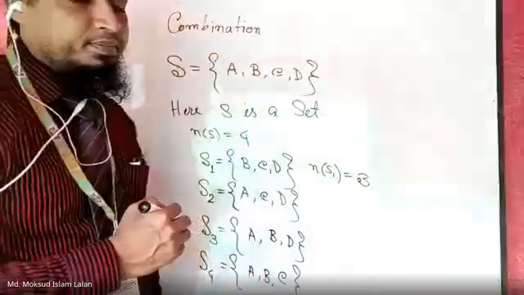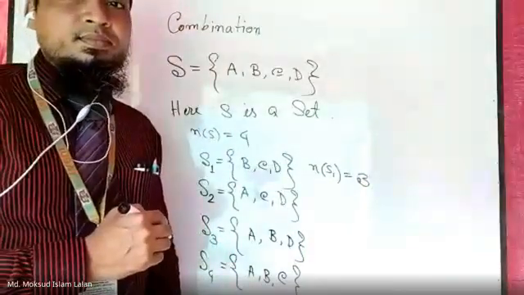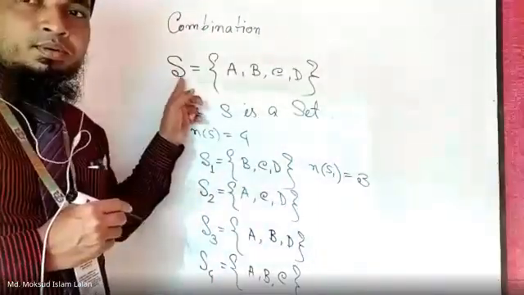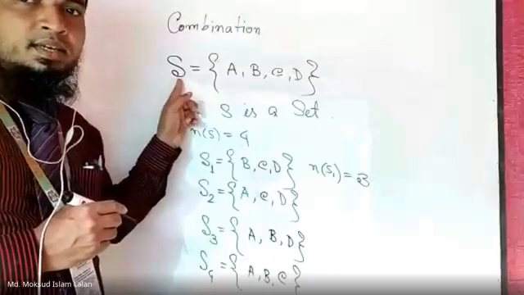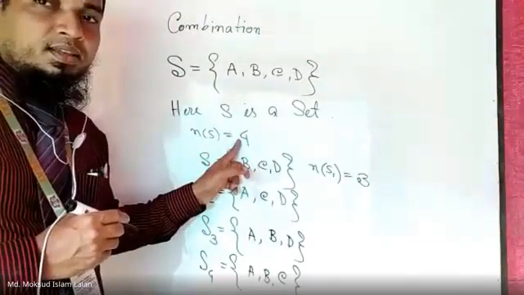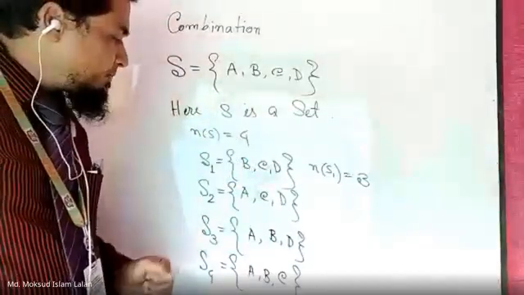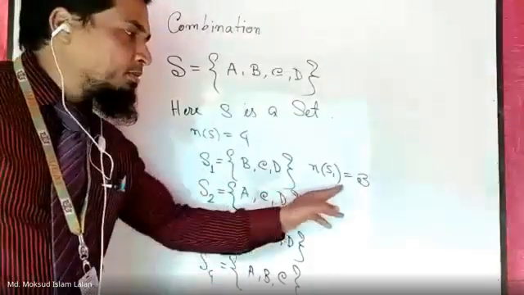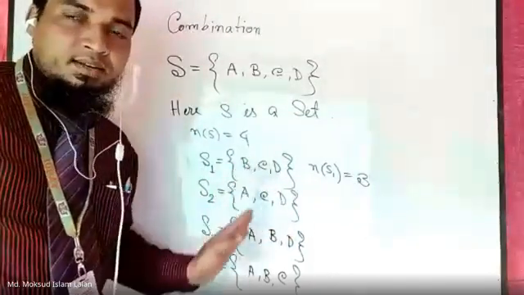Is it clear? Sir, please repeat this again. Here, this is our main set S, whose number of elements is 4, right? Yes, sir. And the subsets we have made each have 3 elements, right? Yes, sir.